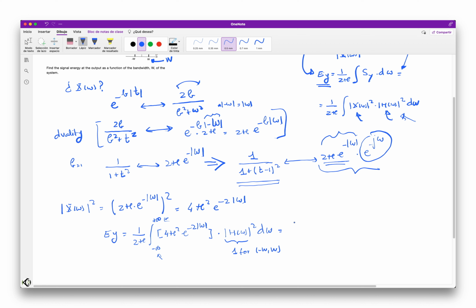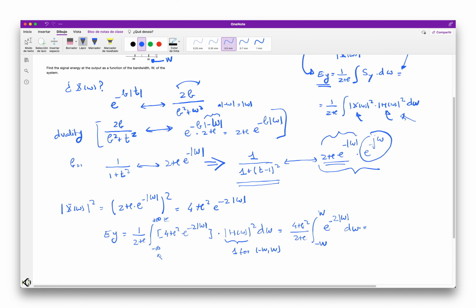And then this will be 4 pi squared divided by 2 pi, and then the integral will only be between minus W and plus W of e to minus 2 absolute value of omega d omega. And obviously this is a very easy integral because this is an even function.